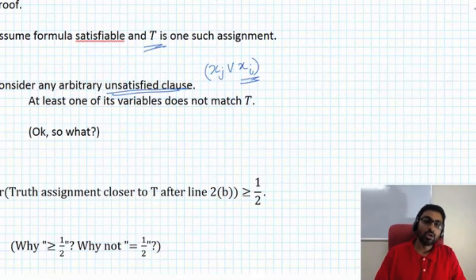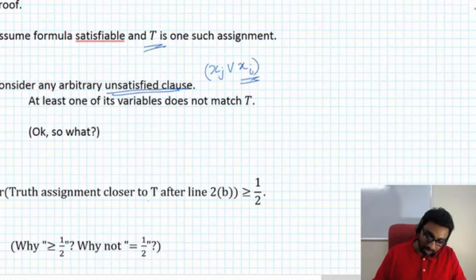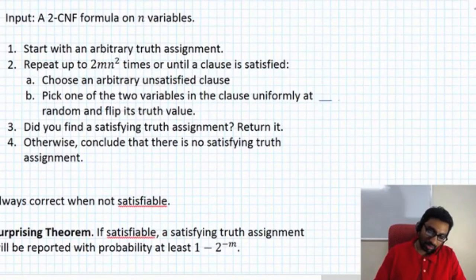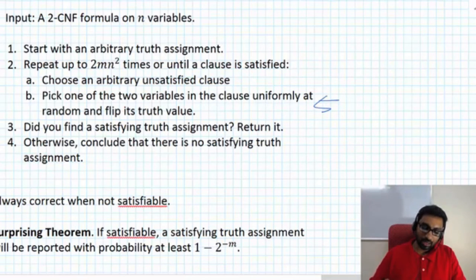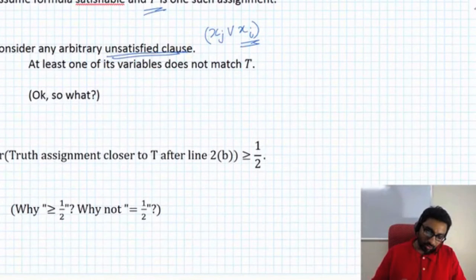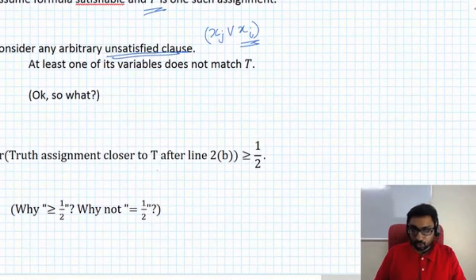Regardless of which variable we choose, we're going to get one step closer to T. And so that's why the probability that the truth assignment is closer to T after line 2b, the line in the algorithm where we pick a variable uniformly at random and flip it, is greater than or equal to half.